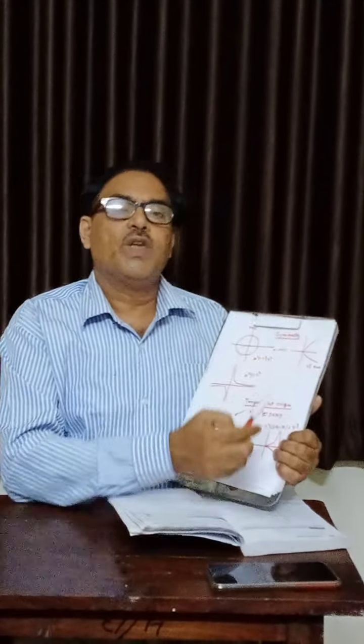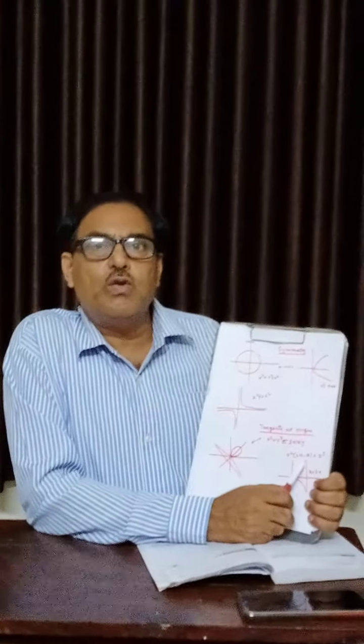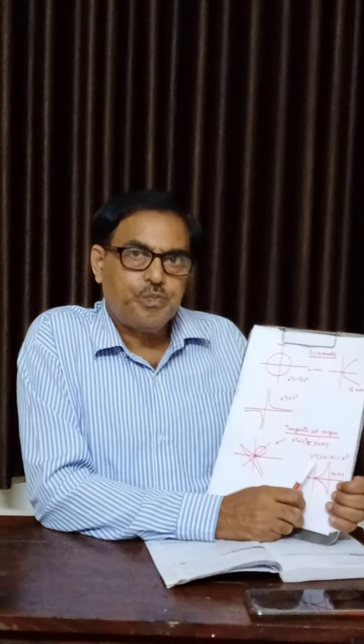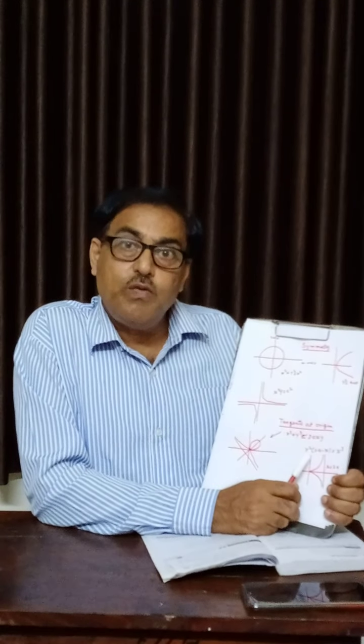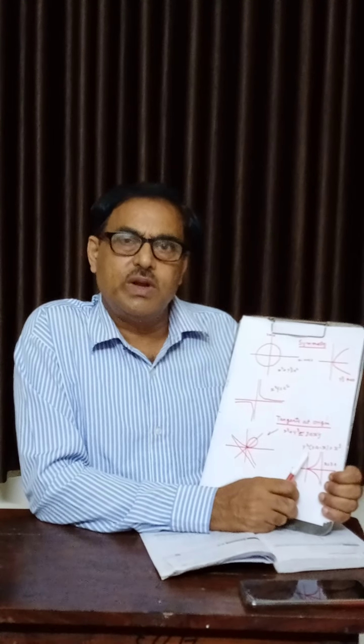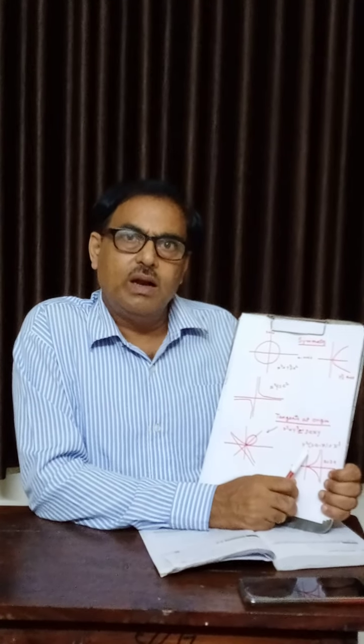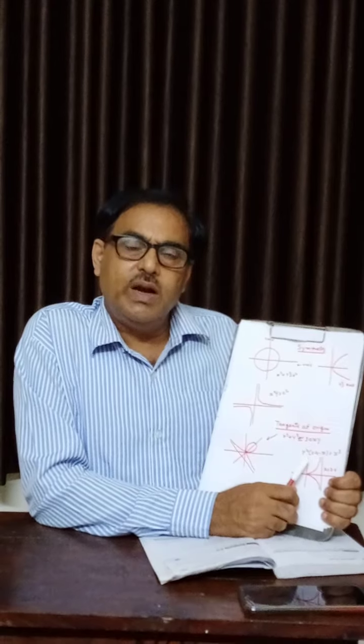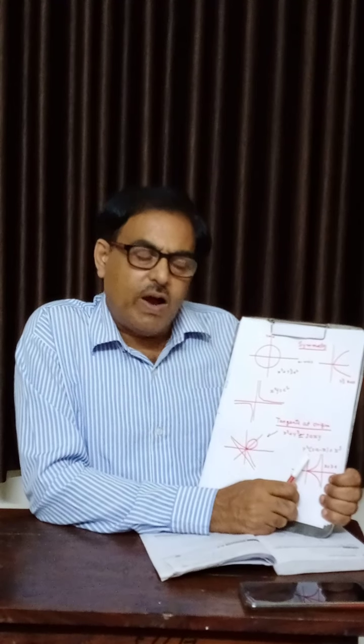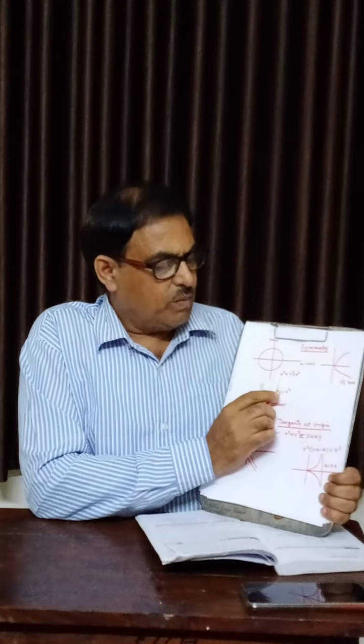Clearly. The second symmetry is symmetry about the y-axis. If all the powers of x existing in the curve are even, then the curve will be symmetrical about the y-axis. See the simple curve x square is equal to 4ay.